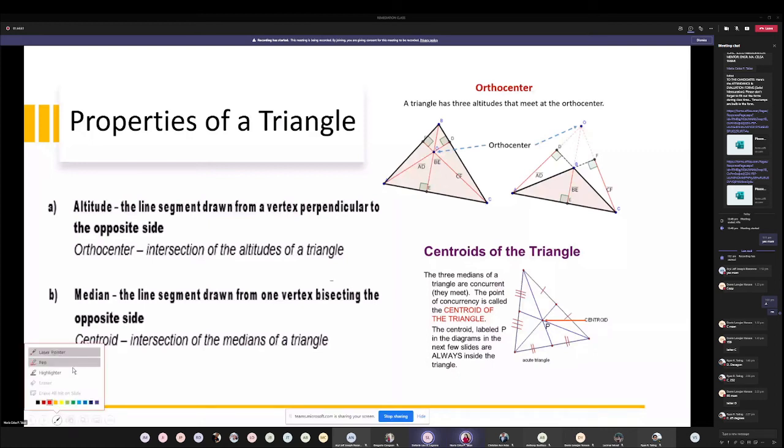So let's say for this one, this is one half of this side, and this is also another half, so the two are equal.